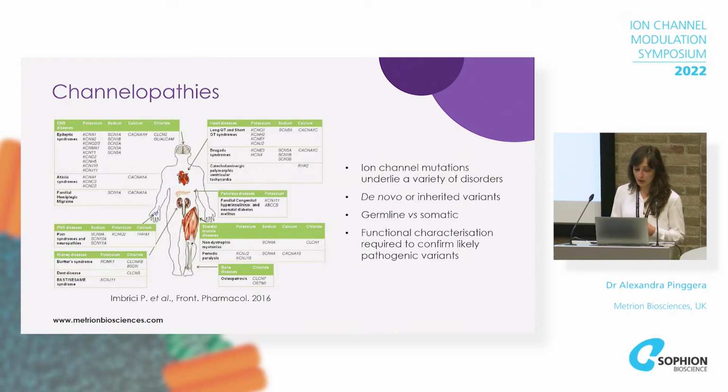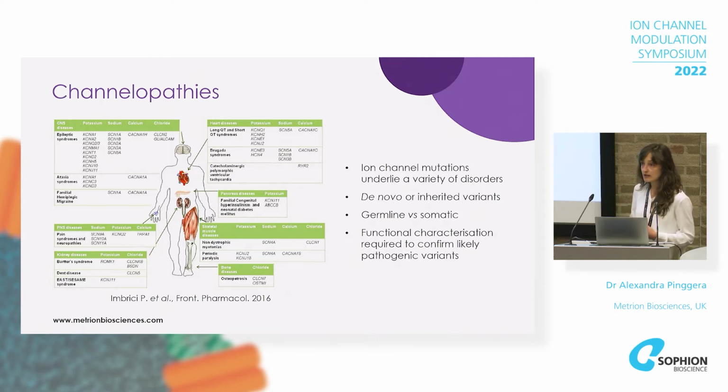Whole exome sequencing nowadays continuously discovers novel disease variants, and therefore we need better tools to quickly investigate the functional consequences of such variants. Ion channels have been widely implicated in a number of human diseases, and this schematic only highlights a few examples.